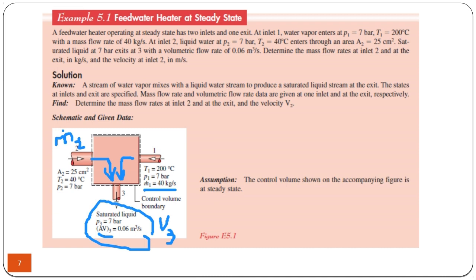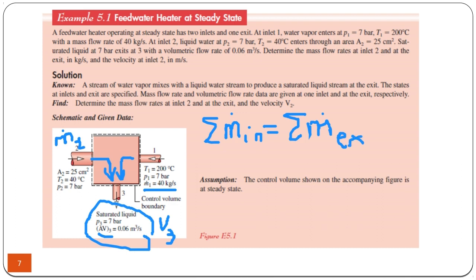According to the conservation of mass, at steady state, the sum of the inlets must be equal to the sum of the exits. So we have two inlets and one exit.